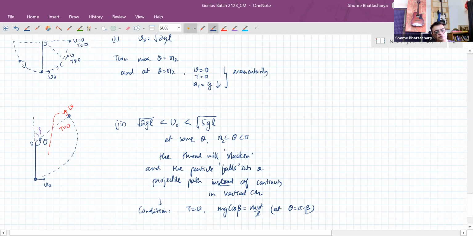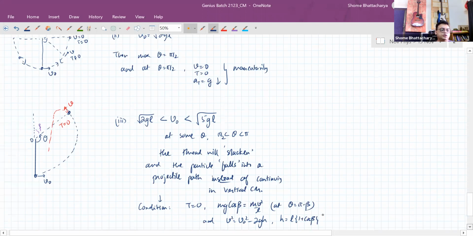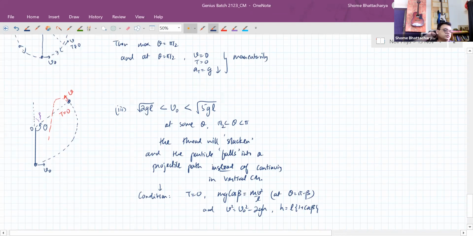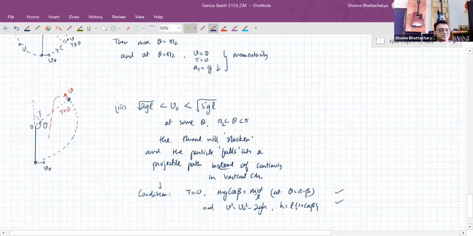And of course, you have the energy equation. When we work out numerical problems, we'll be using these equations to understand at which particular value of theta the string is slackening if this condition is satisfied. We can calculate that by using these two equations I've tick marked below.